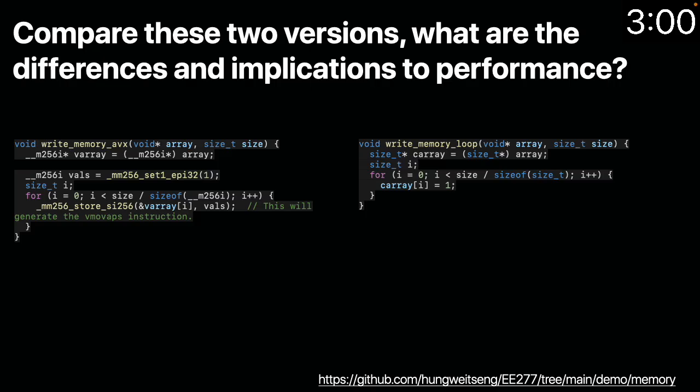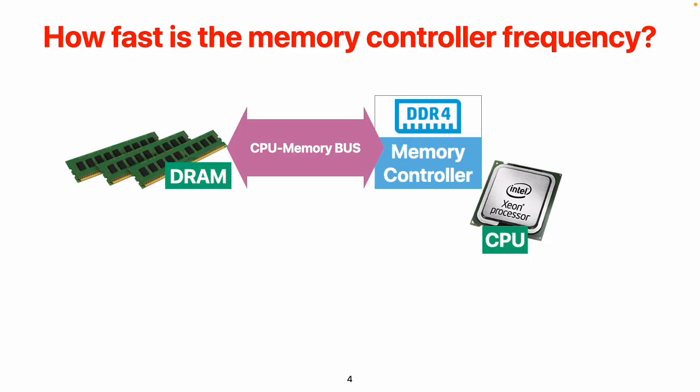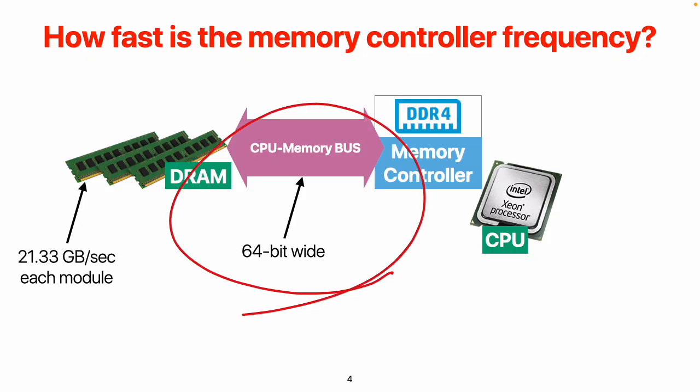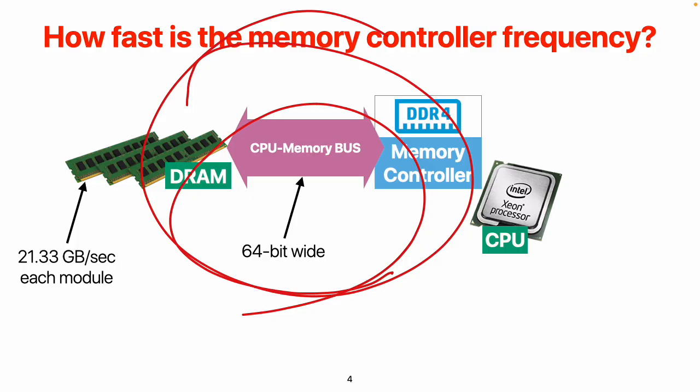Okay, so first of all, here's the CPU memory bus, right? If we have 64-bit processors, you have a 64-bit wide front-end bus between your DRAM and memory controller. So what Hunter said, that you are moving 256 bits every time, is probably not true because your front-end bus is only 64-bit.